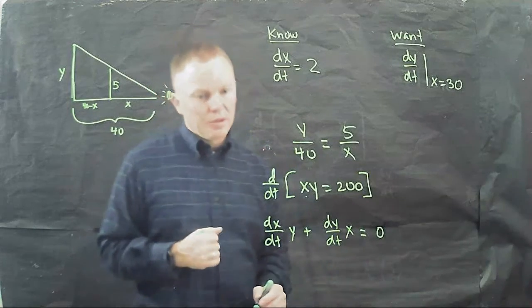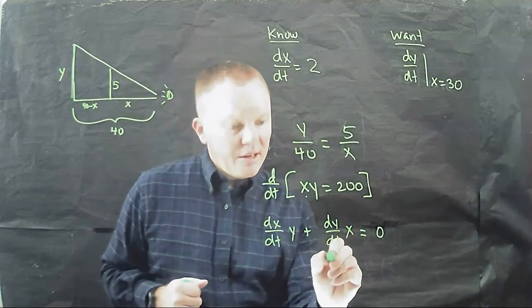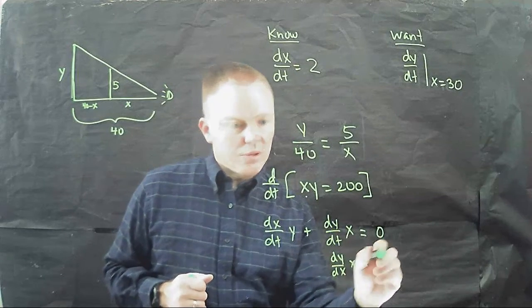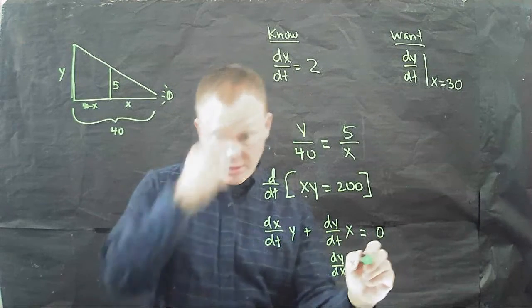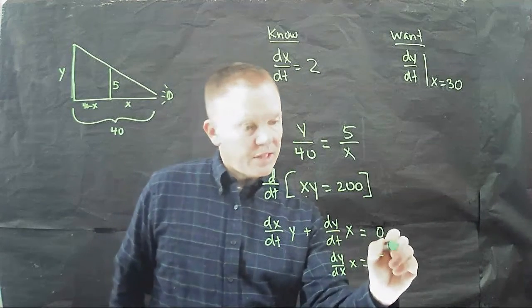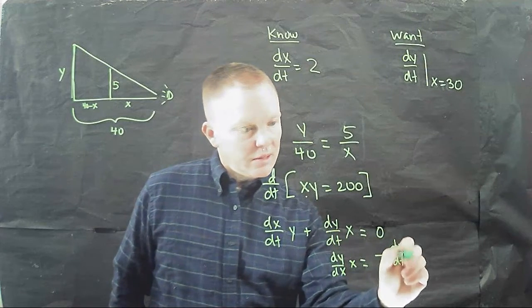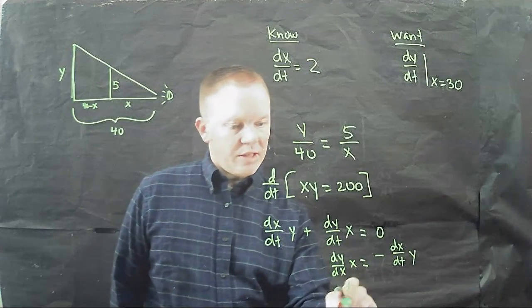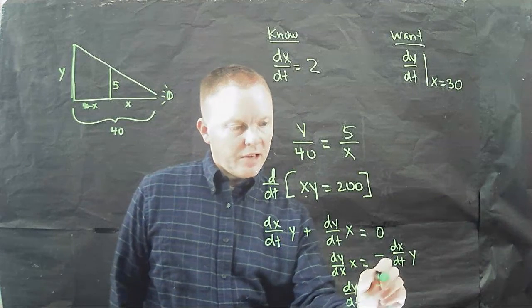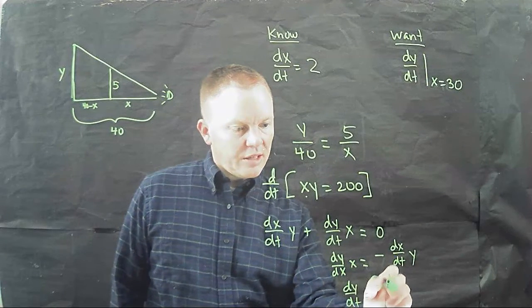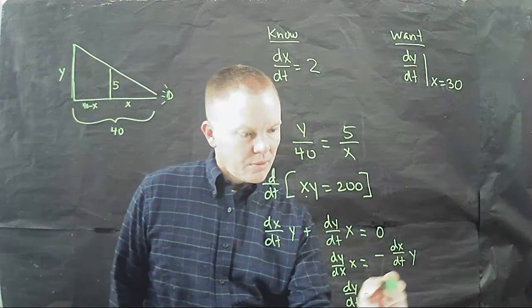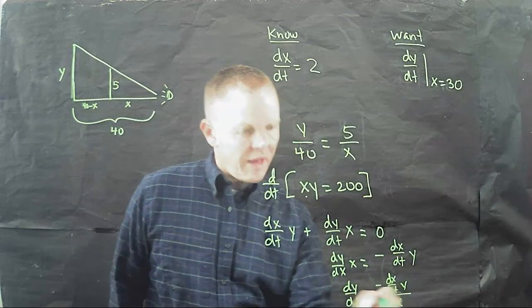0. So dy dt times x is equal to negative dx dt times y. And then if I divide, dy dt equals negative dx dt times y divided by x.